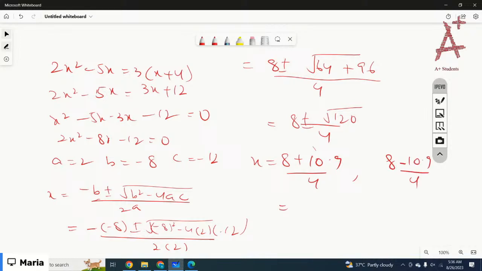So it would be 8 plus 10.9, that is 4.7, and negative 4.7 and negative 1.16, right?